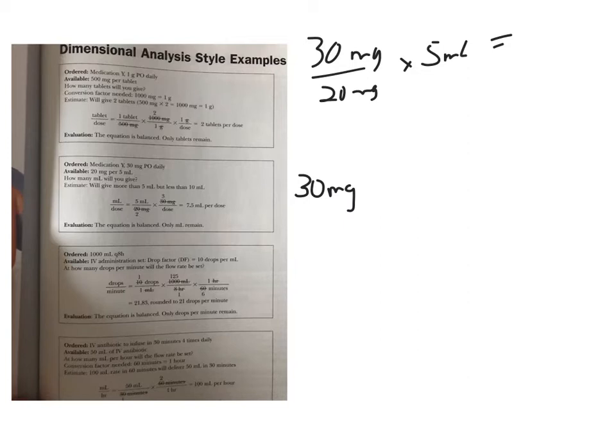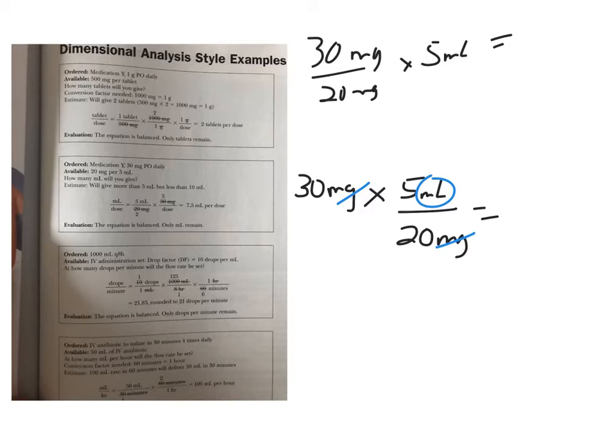And I show that, again, when we're multiplying by the known, what's available, for every 5 milliliters, there are 20 milligrams. That means that in this problem, milligrams and milligrams will cancel out, leaving me with how many milliliters I'm going to end up giving this patient.